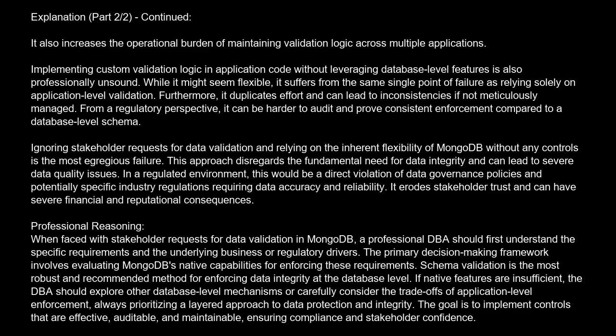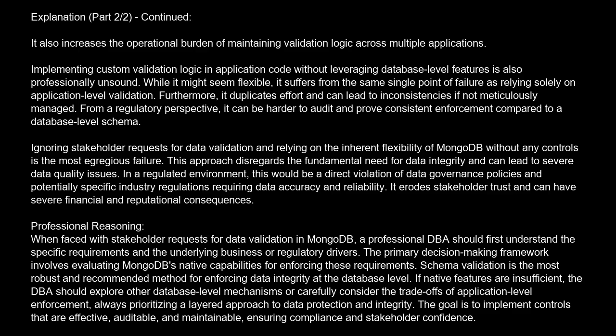Professional reasoning. When faced with stakeholder requests for data validation in MongoDB, a professional DBA should first understand the specific requirements and the underlying business or regulatory drivers. The primary decision-making framework involves evaluating MongoDB's native capabilities for enforcing these requirements. Schema validation is the most robust and recommended method for enforcing data integrity at the database level.